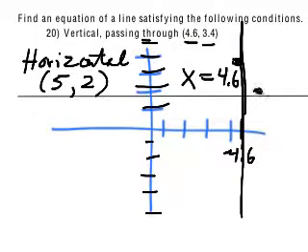Let me use a different color. 5, 2 is somewhere around there. So if it's horizontal, it's going this way. It's always at a certain y. What is that y? 2. It's always going to be at 2.